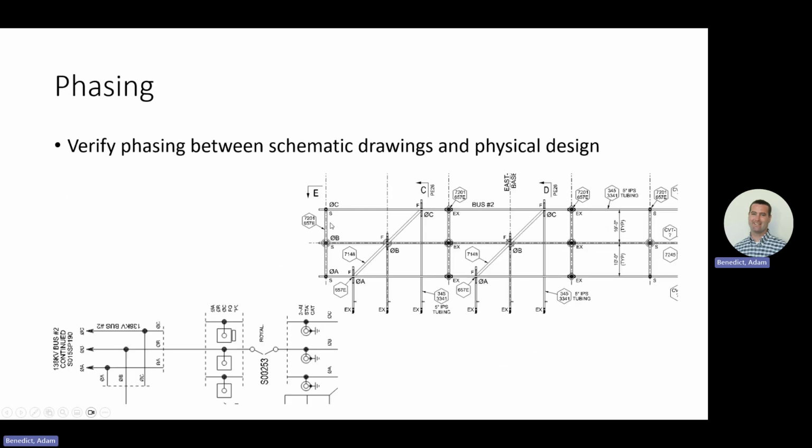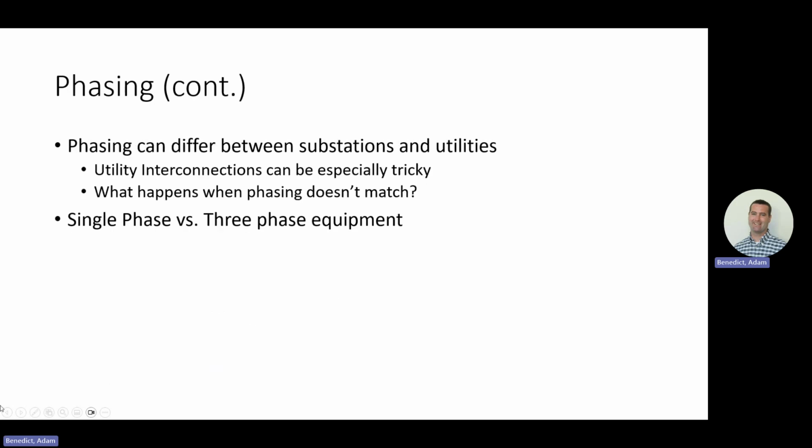We could be expecting phase A, but the transmission line engineer ends up bringing us C into the station. And when you're talking a line diff, that can really screw up your protection, right? If you're trying to line up phase A to phase A at the remote end, and you're actually looking at C, that's going to be a problem.